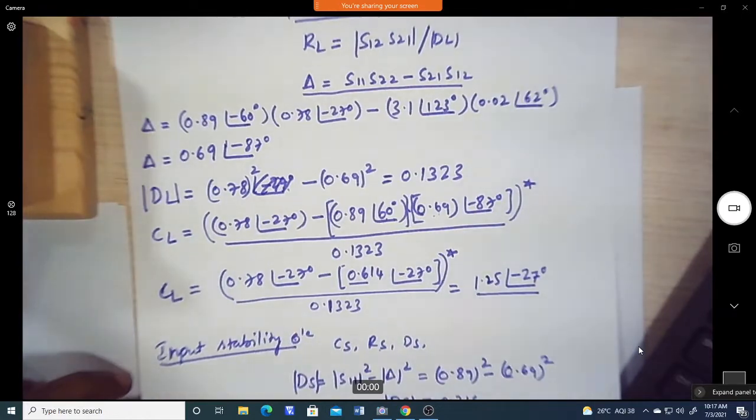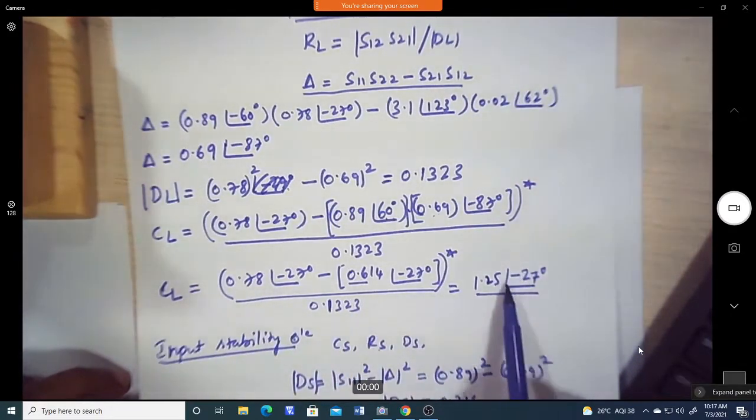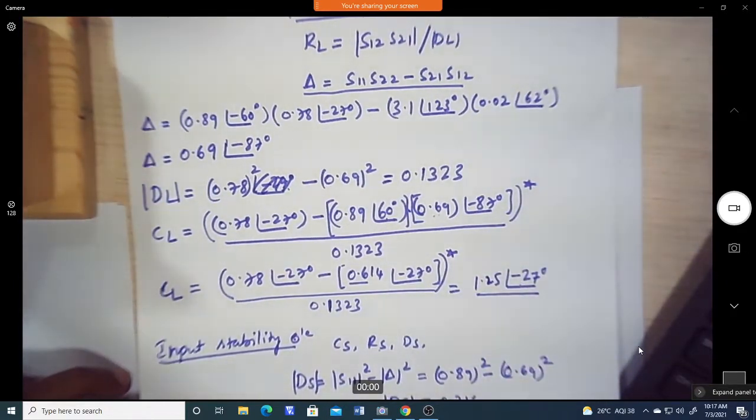If you take the whole complex conjugate, you might get the angle reversed. The magnitudes are the same maybe, so you have to see whether the angle is positive or negative.